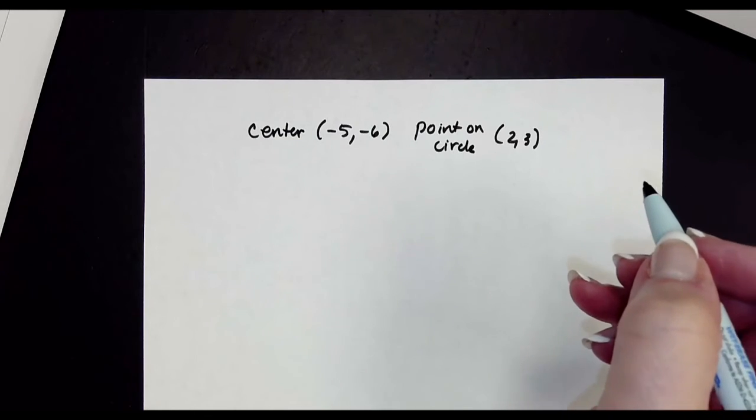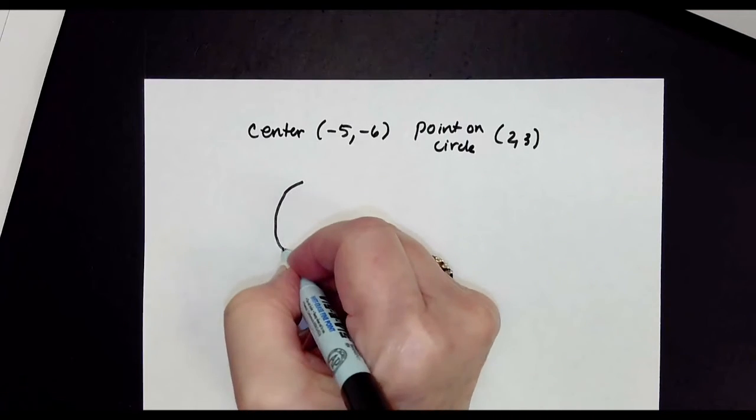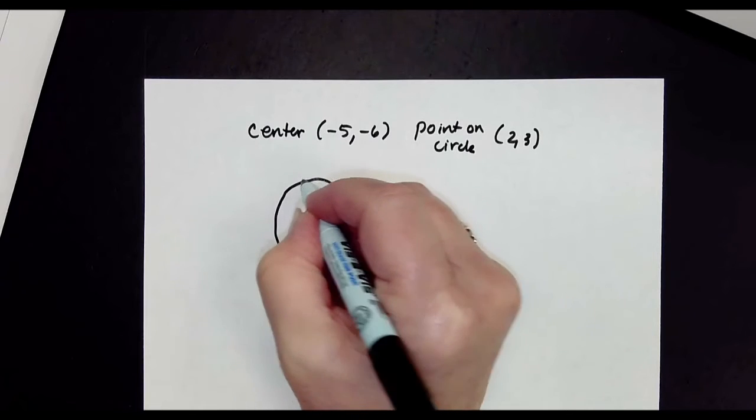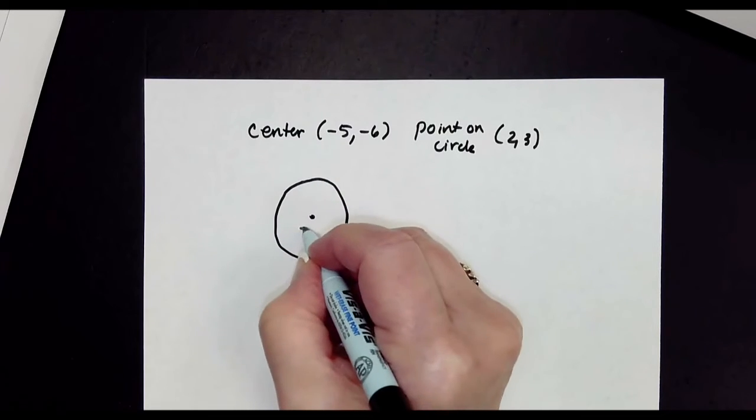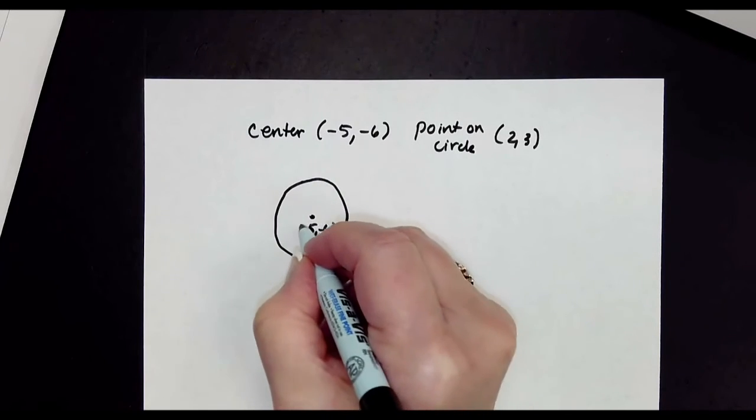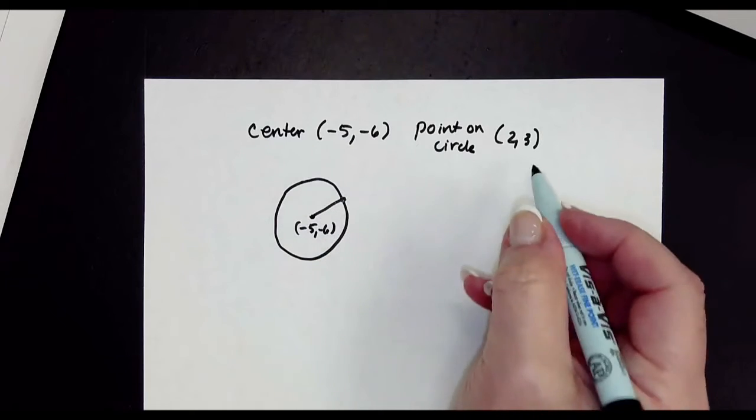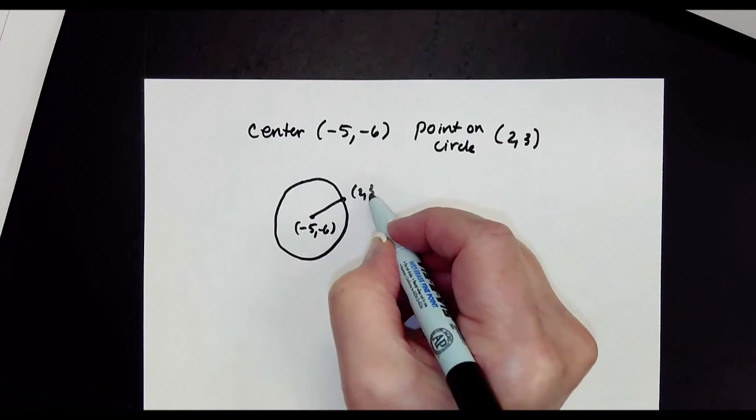Okay, so what are we looking at? We're looking at something that looks like this. We have a circle. The center is my -5, -6, and then a point on the circle is 2, 3.